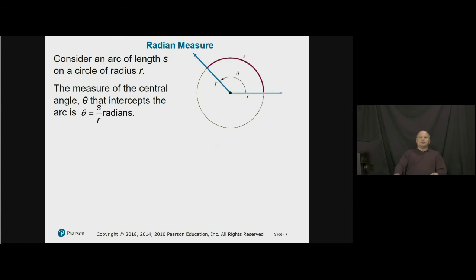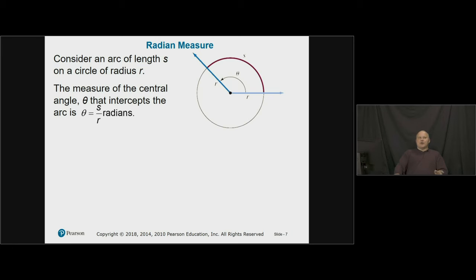So let's consider the arc length S on a circle of radius r. They're showing you a picture. The measure of the central angle theta that intercepts the arc is the arc length S divided by r, and that's in radians. So S, the arc, divided by r, is the angle definition. And remember, when S and r are the same, that equals 1 radian.